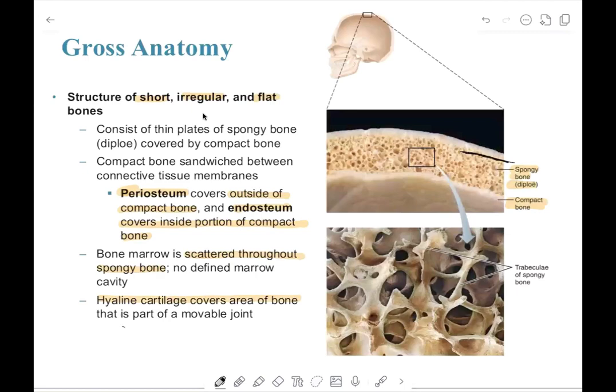And when it does, it's referred to as articular cartilage. But remember, articular cartilage is a subtype of hyaline cartilage. And here are our bony spines, which are the trabeculae. And within this area would be located marrow.